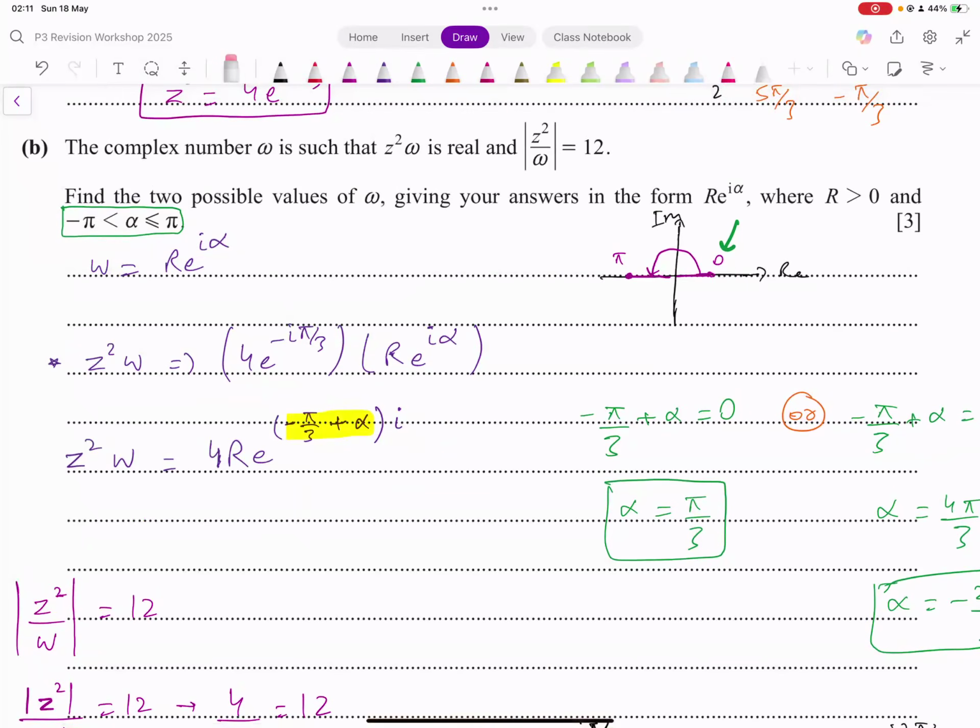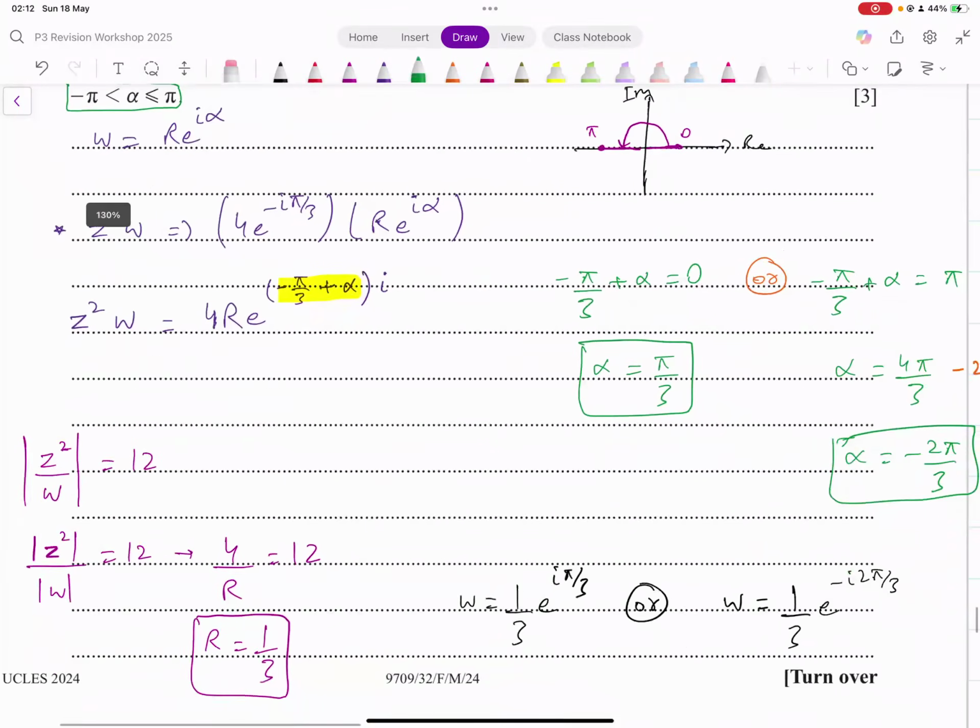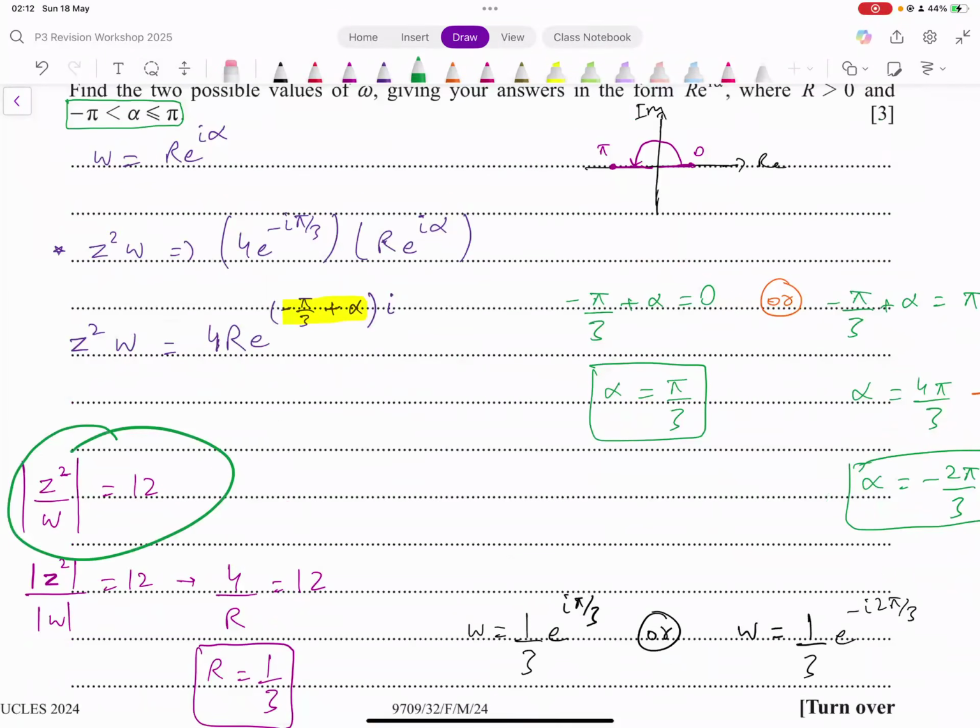And they're also saying that the modulus of z squared over w is equal to 12. Now, using the modulus, we could actually find the modulus of w easily. That turns out to be 1 over 3, right? Because we know the modulus of z squared already. And from that, we can get the modulus of w. That turns out to be 1 over 3. What about the argument?